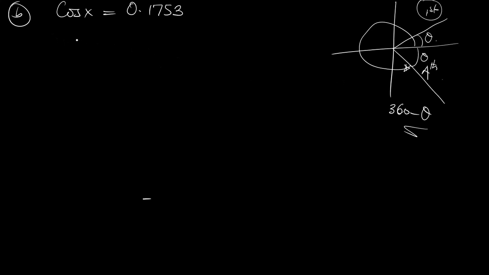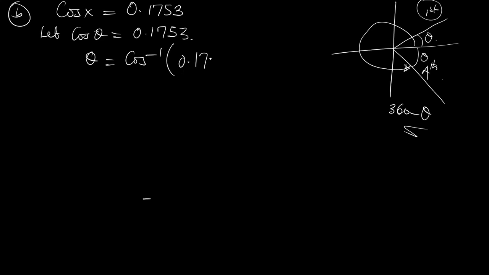So let's begin now. Let's look for theta. Let cos theta be equal to 0.1753. So theta will be the cos inverse of 0.1753.